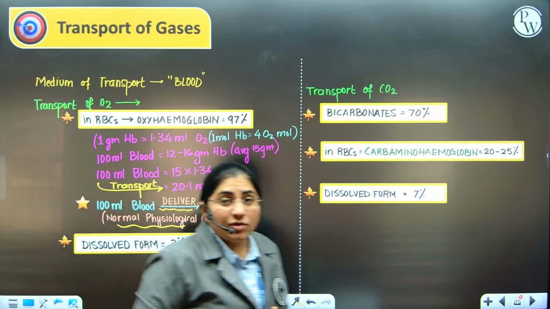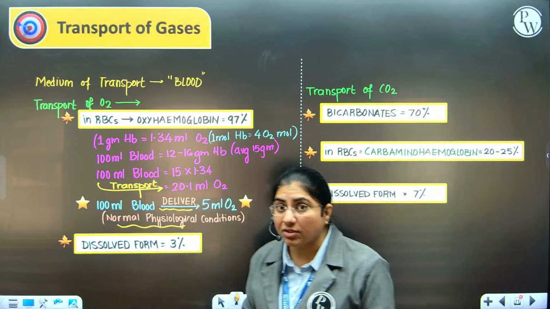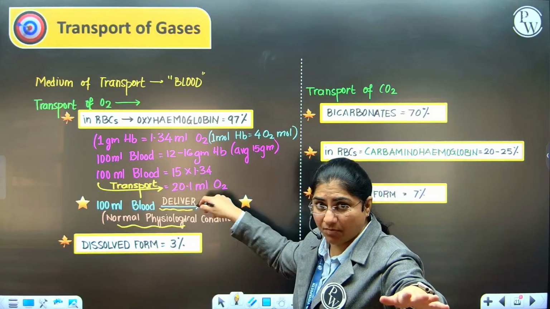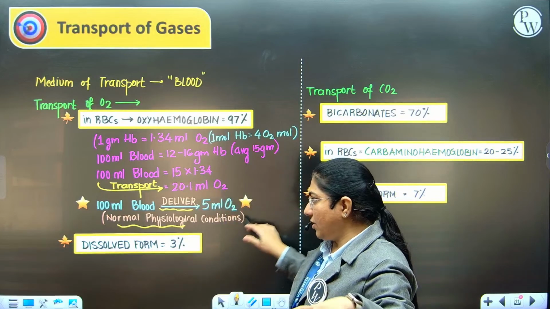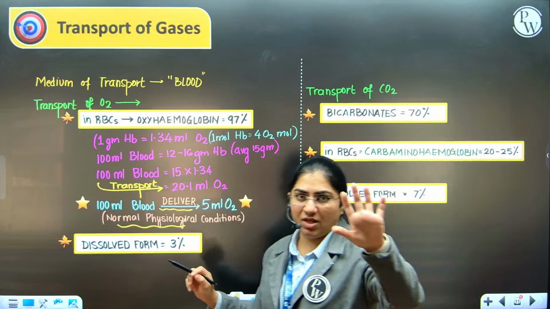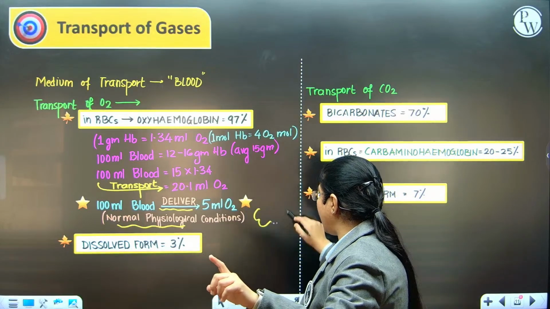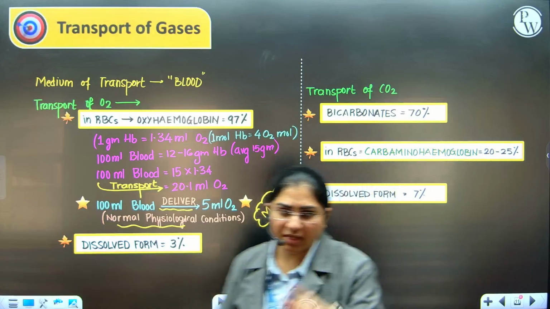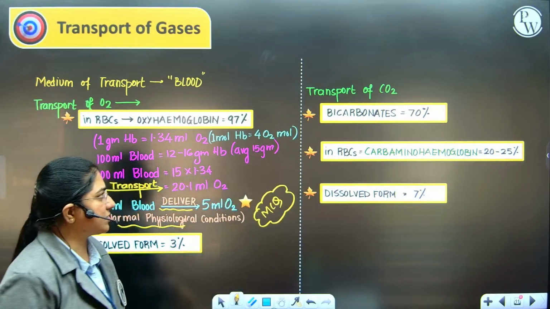So what if I am doing some activity, running on the treadmill? At that time it will deliver more, 15 ml maximum of oxygen. But under normal conditions, 100 ml delivers 5 ml. This can again come as an MCQ, so make a note of it in your NCERT or in the books.